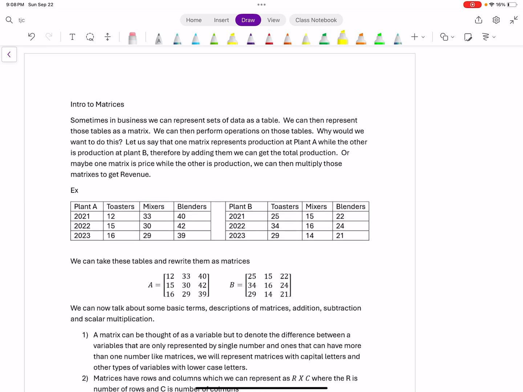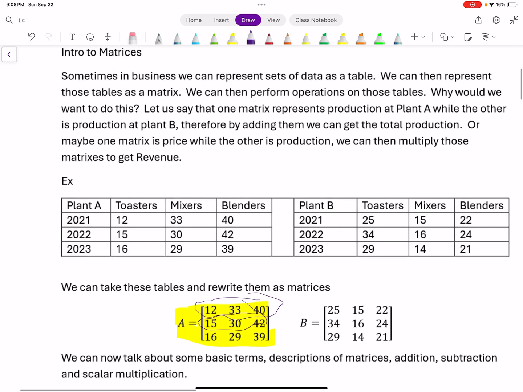Okay. So matrix A, representing plant A, can be written as this matrix, where you have columns and rows. So here's the rows. Okay. And you have columns. Okay, column 1, column 2, column 3, row 1, row 2, row 3.